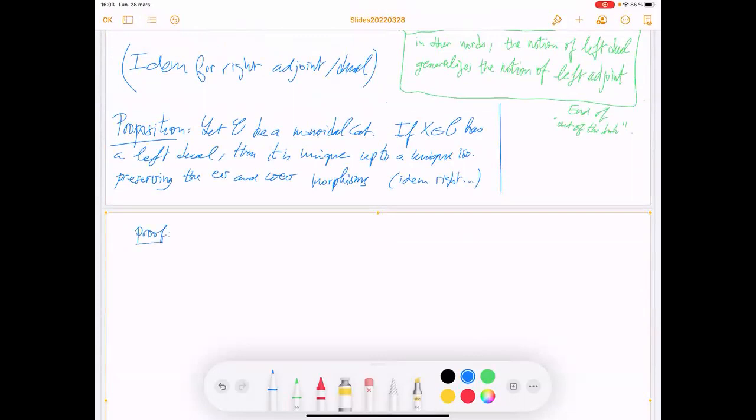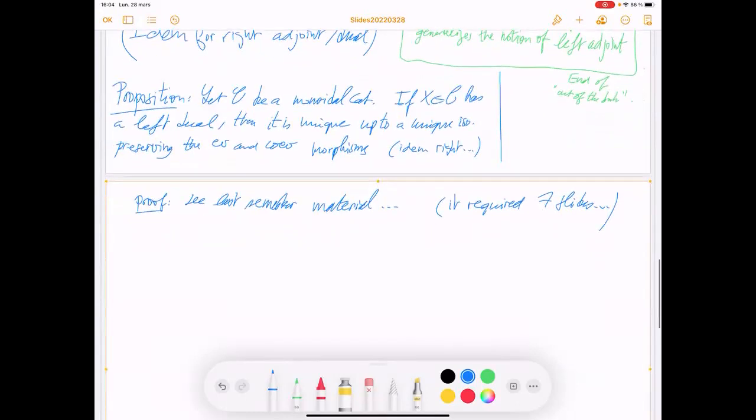Proof. It is last semester's material. It required 7 slides. And in fact, we did that at the end of session 11 and at the beginning of session 12.